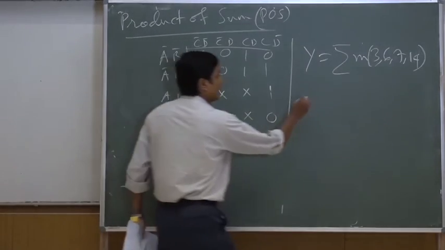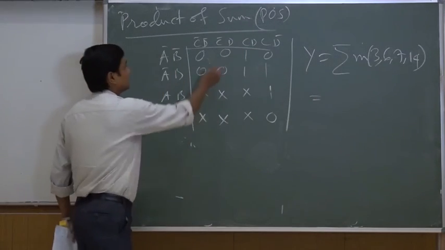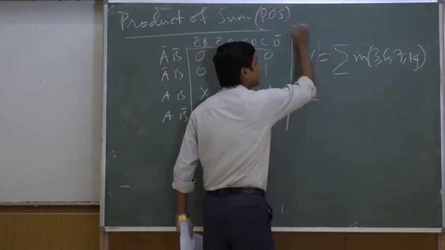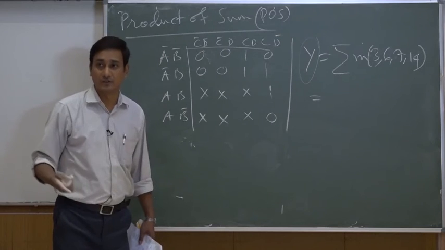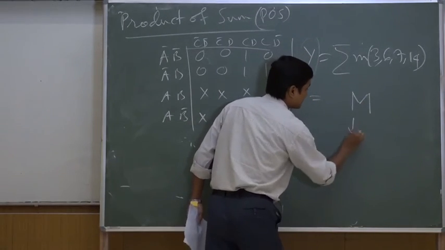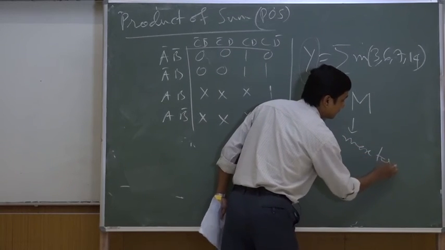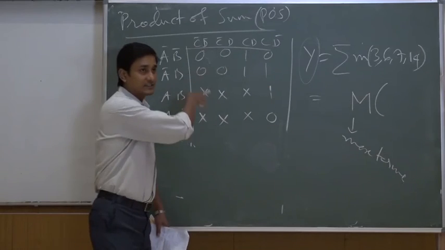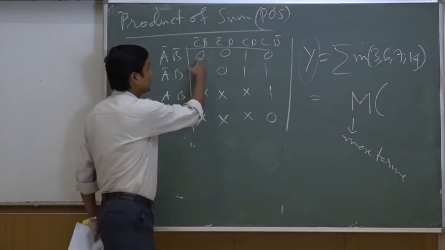But if you want to consider these zeros for expressing this y, you can go the other way also, where you will be talking about max terms. Who are they, other than this? Means these locations.